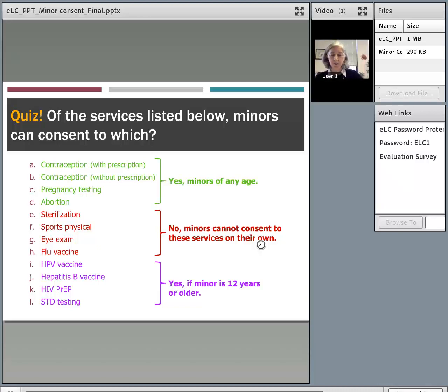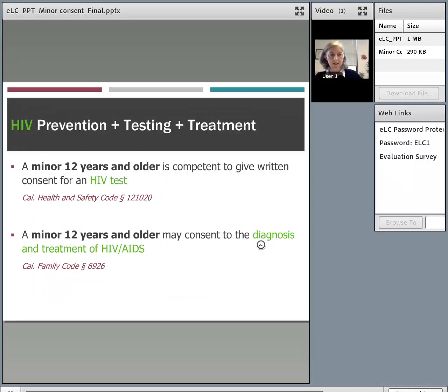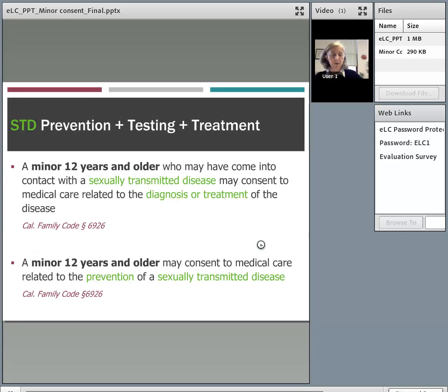We'll go through each of these and make sure you all are able to point to the actual law that supports these answers.